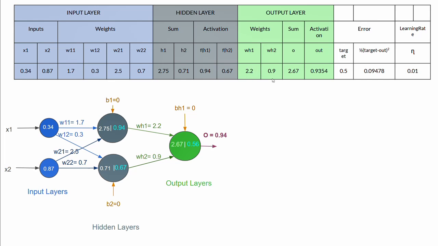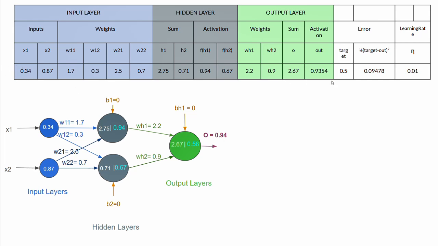The summation function of this layer gives the value 2.67, and the activation of the summation, which is sigmoid, gives this value. Here I rounded it to two digits. The output is 0.94.